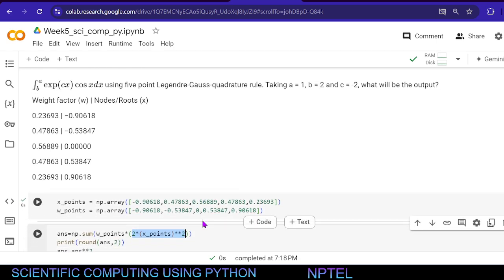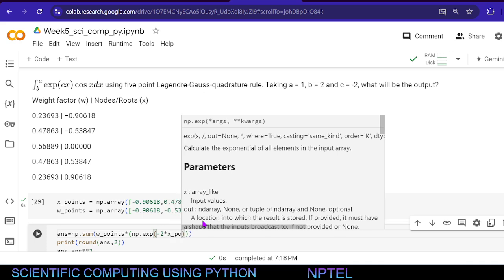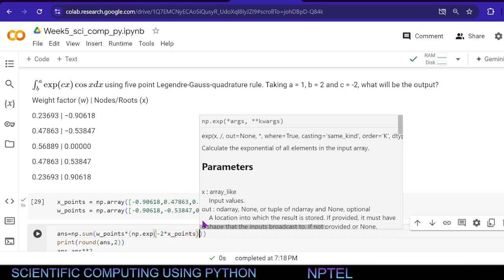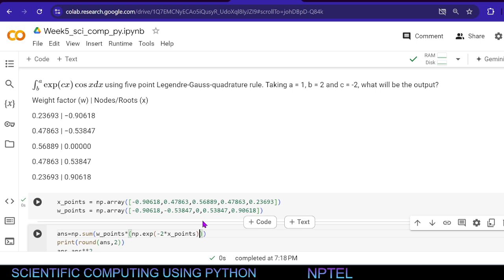Exponential of minus, so np.exp minus 2 times x points, this is the exponential part, and times np.cos of x points.